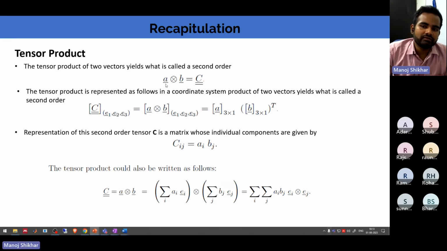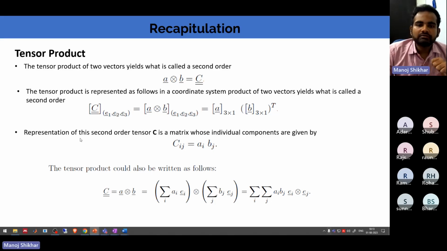For example, here we are doing the tensor product of two vectors, A and B, so we are getting a tensor C which is of second order. Suppose we had three vectors A, B, and C, and we were doing the tensor product of them, and we wanted to know the order of the tensor we have formed. Suppose the tensor D is formed, then D will be a third order tensor.